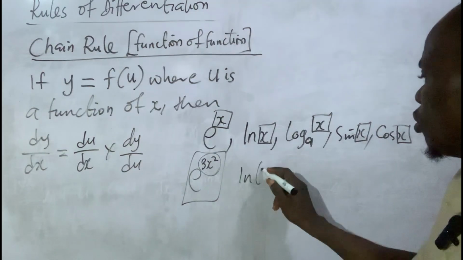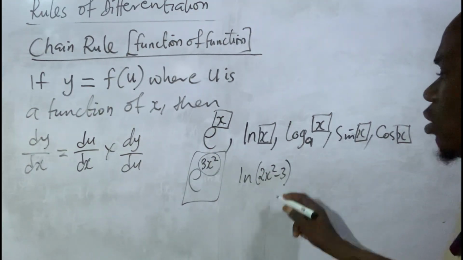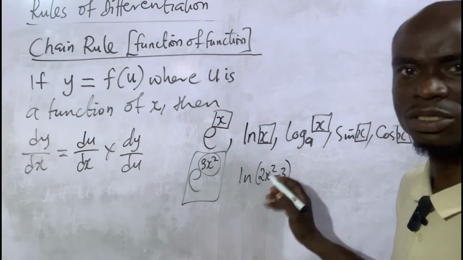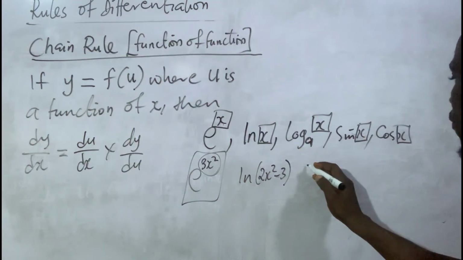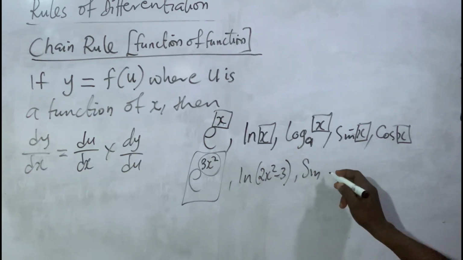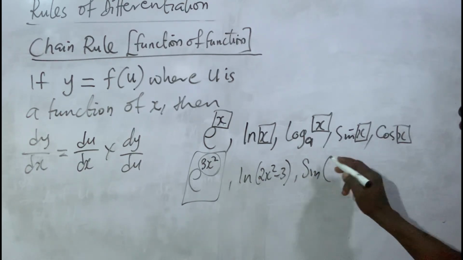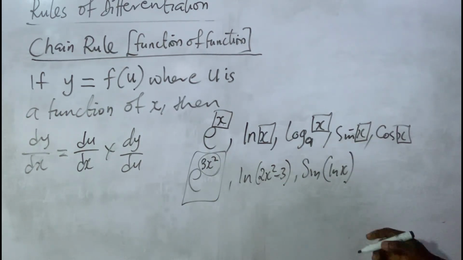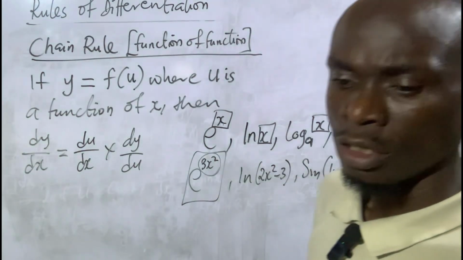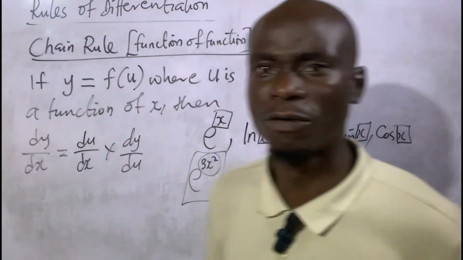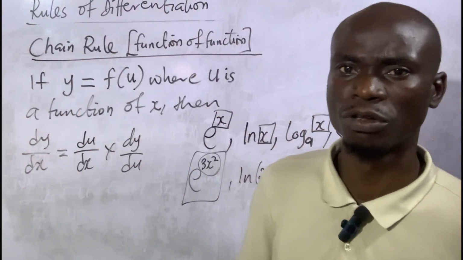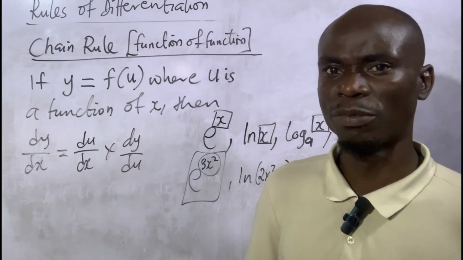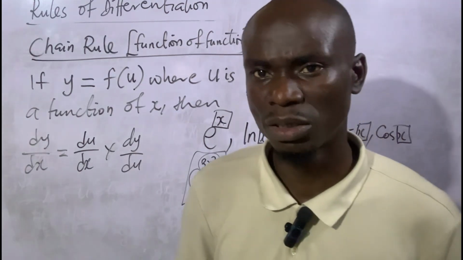If I have ln of 2x squared minus 3, instead of an ordinary x, it's now a function of x. This is a chain. I can have sine ln x, instead of sin x. This is a function of a function, and so on. So whenever the x in a basic function is replaced by a more complex function of x, you have a chain, and whenever you have a problem involving a chain, you can solve it using the chain rule.